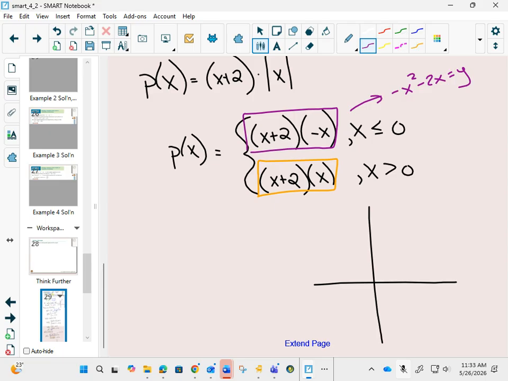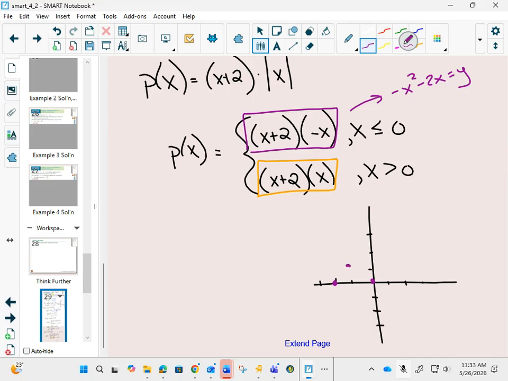What do I know about that parabola? I have it in factored form. I know it has an x-intercept at 0, an x-intercept at minus 2. It has an a value of 1, which means it would go over 1, down 1.